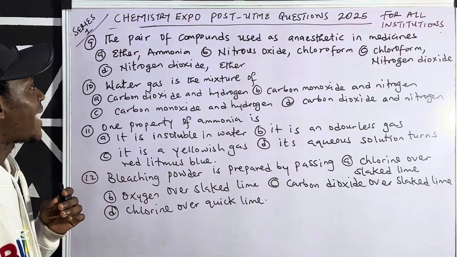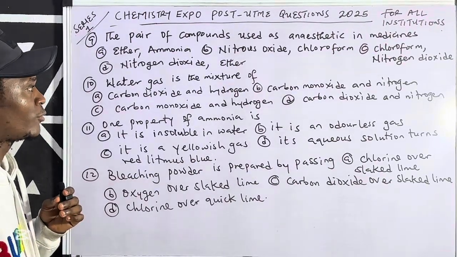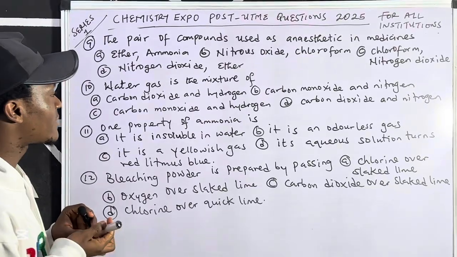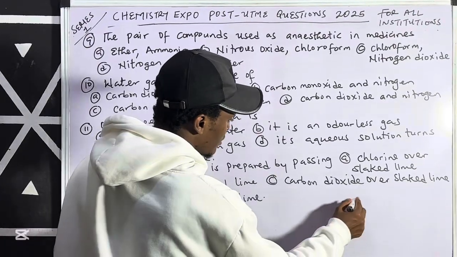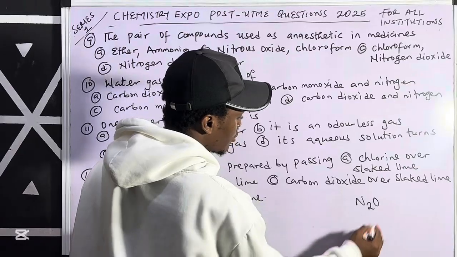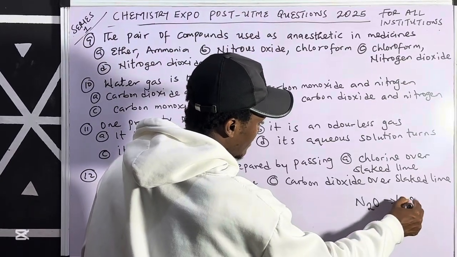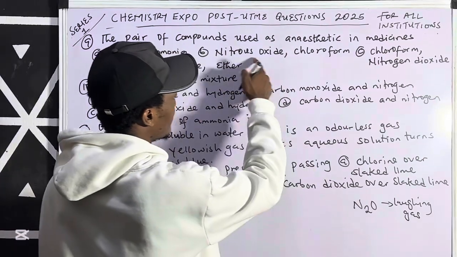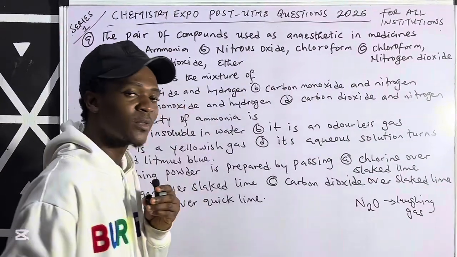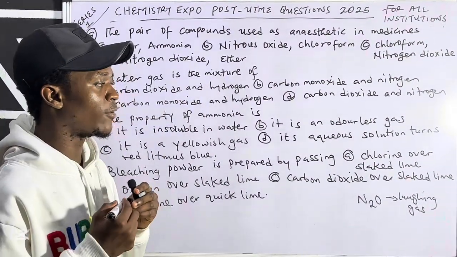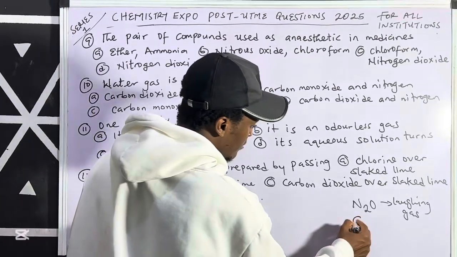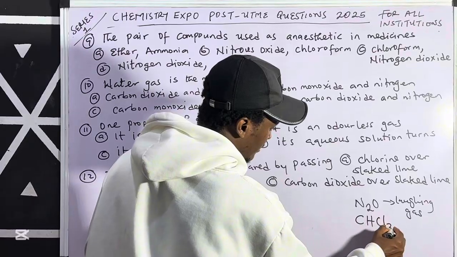Then option B, nitrous oxide and chloroform, which is the correct answer. Now nitrous oxide is dinitrogen one oxide, which is N2O, also known as laughing gas. Then chloroform is an organic compound and it is also called trichloromethane, which is CHCl3.